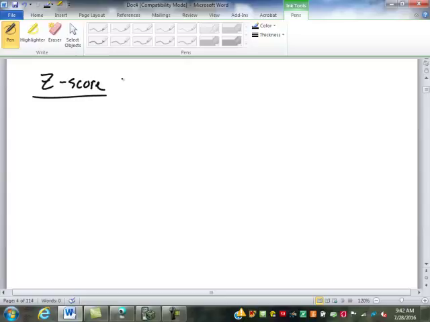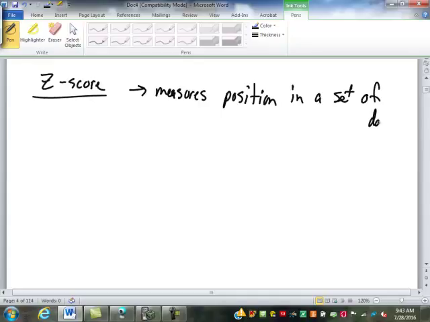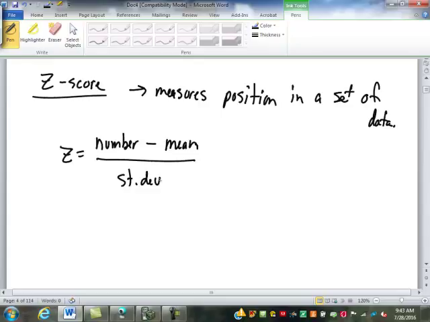So what they do is they compare them back to their own set of data in order to compare them to each other. They find their position within their own set of data. And that's what a Z-score does. It measures position within its own data. And the way a z-score is calculated is you take the number, you subtract the mean from that number, and you divide that difference by the standard deviation.